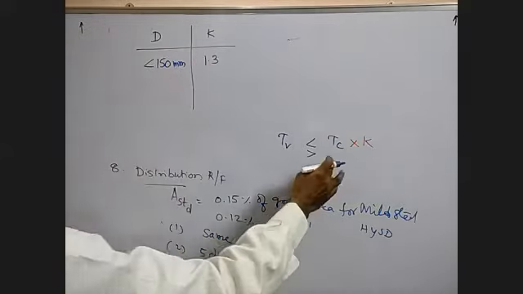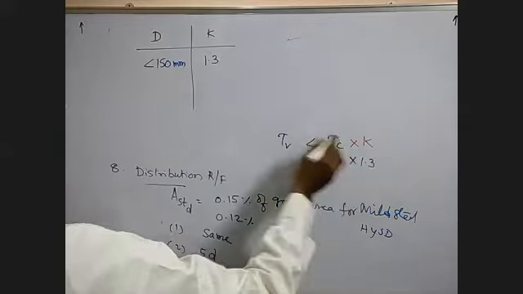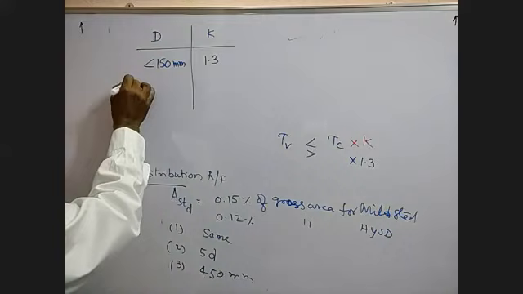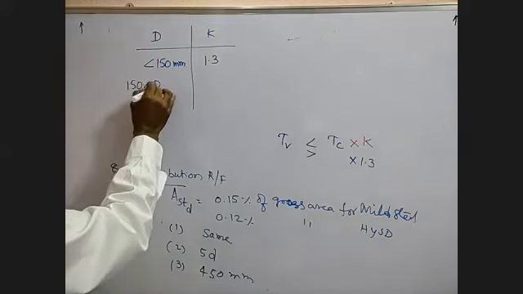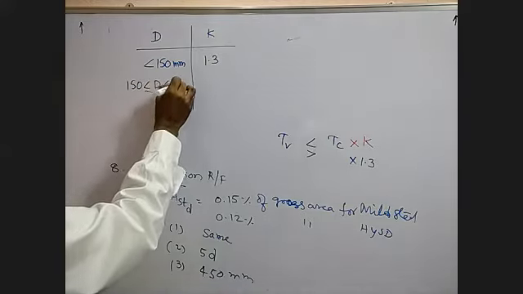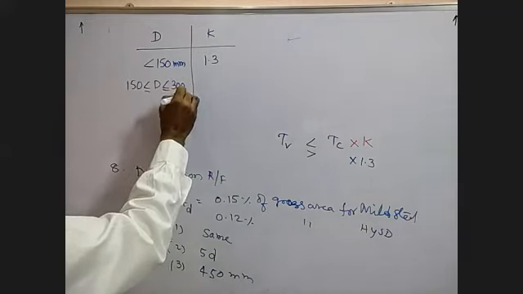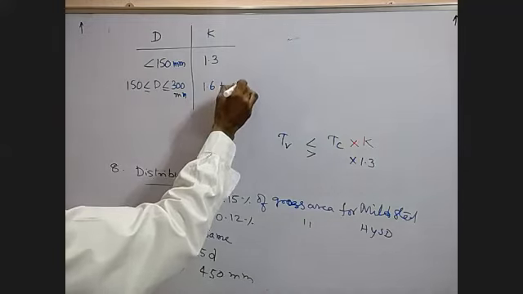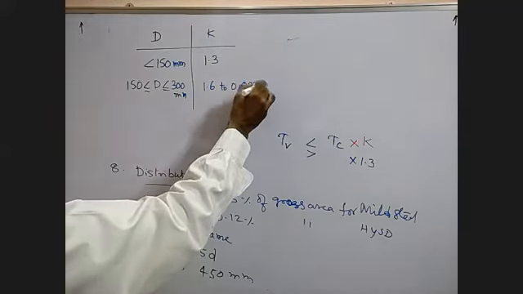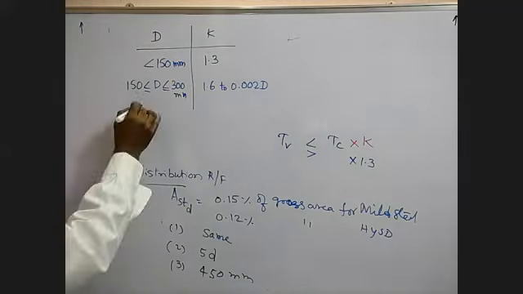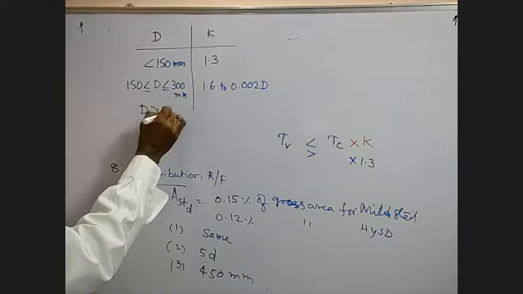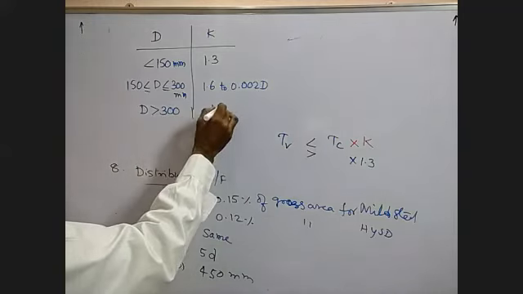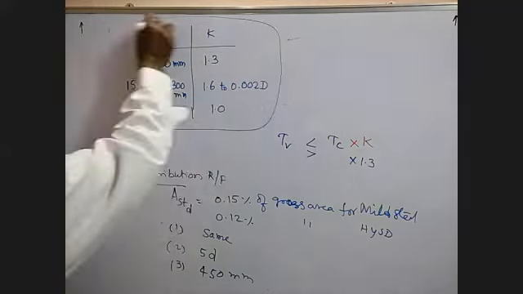That means you have to multiply with 1.3. If D is between 150 mm and 300 mm, it should be 1.6 minus 0.002 D. If D is greater than 300, then it is 1.0. This is as per code, given in the table.